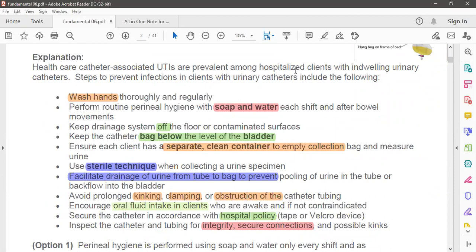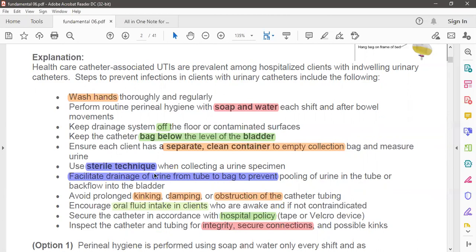Right. So in a hospitalized client, a patient who uses a catheter has a chance to develop UTI. What is the step-by-step procedure we could follow to prevent infection in the client with a urinary catheter?